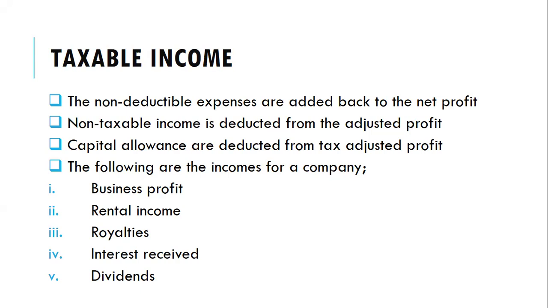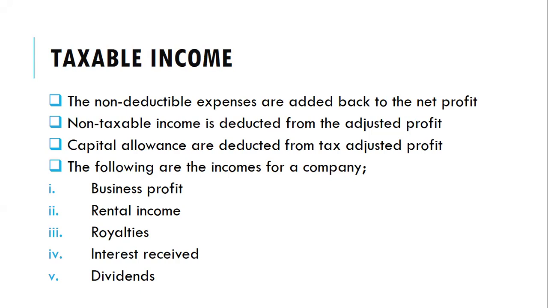It's also calculated as income for the company. Then royalties: the company has a patent or a trademark, and another company is using that patent or trademark, so they receive royalties.